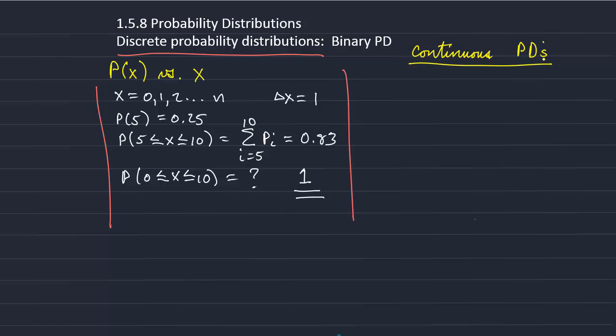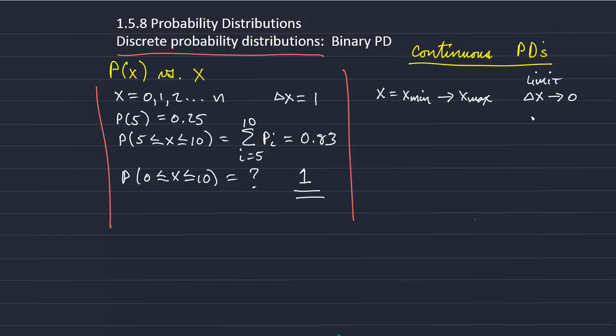The key with continuous probability distributions is that the variable x can range from, say, x min to x max, but the interval between successive values is infinitesimal. So you can think of a continuous probability distribution as a discrete probability distribution in the limit that delta x goes to 0.